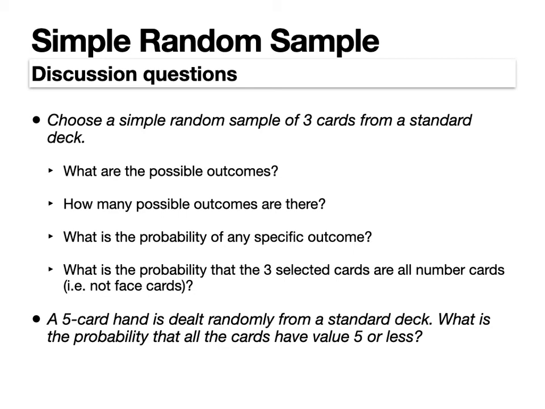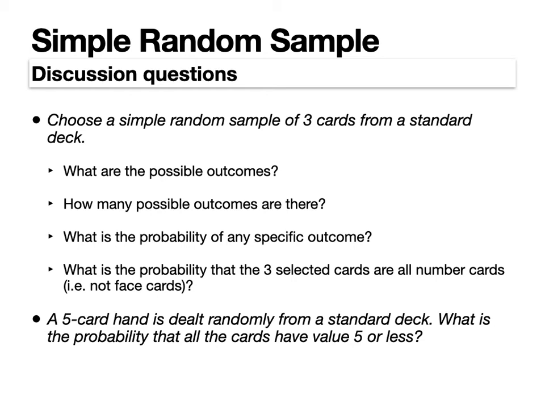And what's the probability that the 3 selected cards are all number cards, i.e., not face cards? So you could do this problem very similarly to the way the previous example was done, except the numbers have just changed. The sample size now is 3, not 2, and we want those 3 cards in our event to be number cards, not face cards. A second question, similar but with a little bit of a twist.